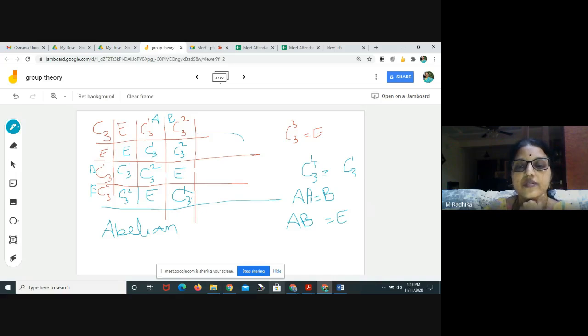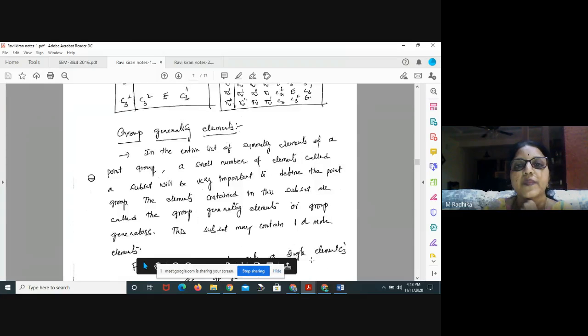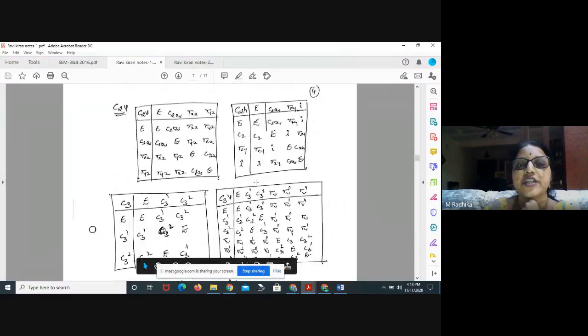So you are able to construct it for C3. Similarly, for homework, you can construct it for C2V, C2H, then C3V. Will you do it, or shall I do one example for you?